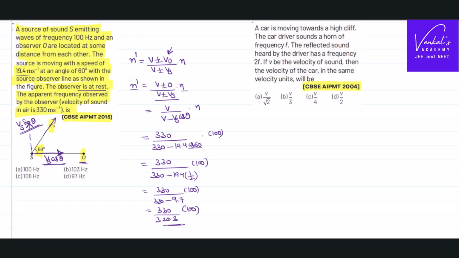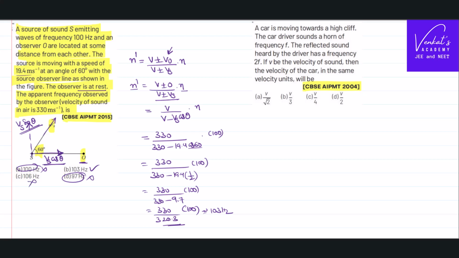So it must definitely be more than 100, so 97 can be ruled out. When you calculate, you will get 103.2, something like that. So it's approximately 103 Hz. So 103 Hz is the right answer for the problem.